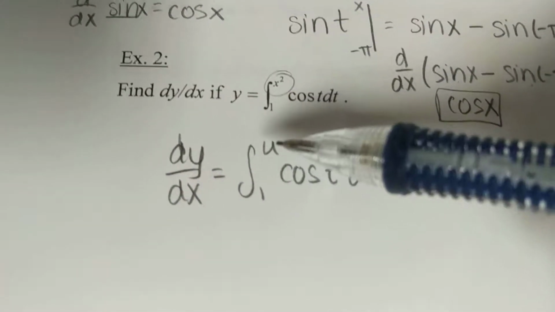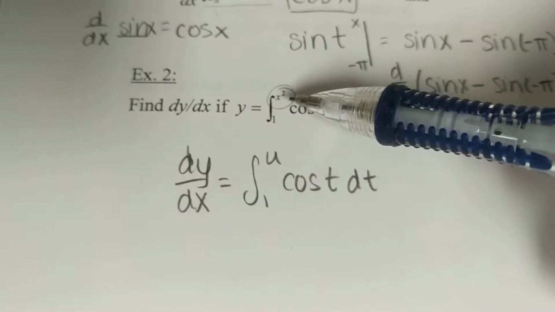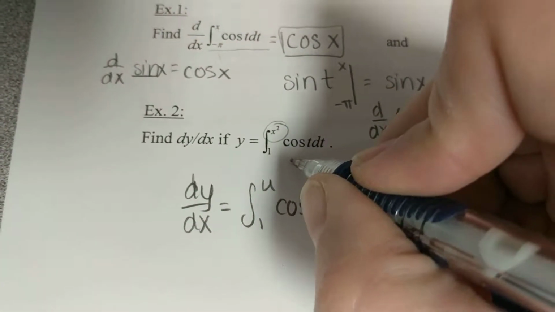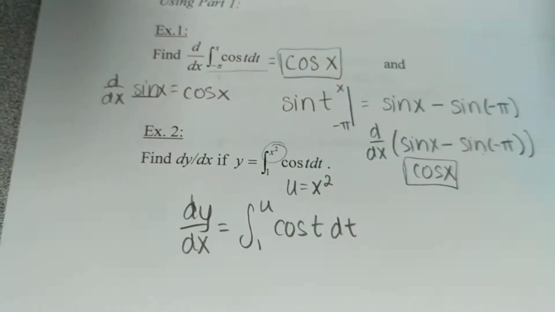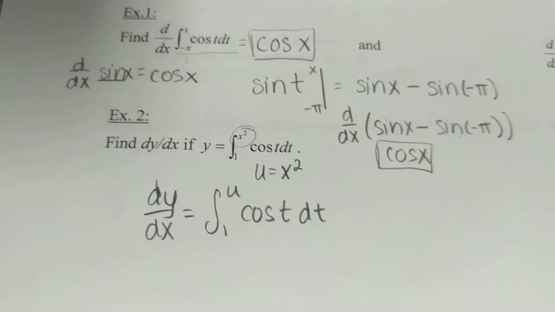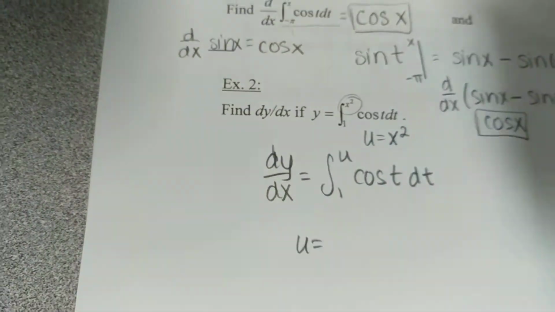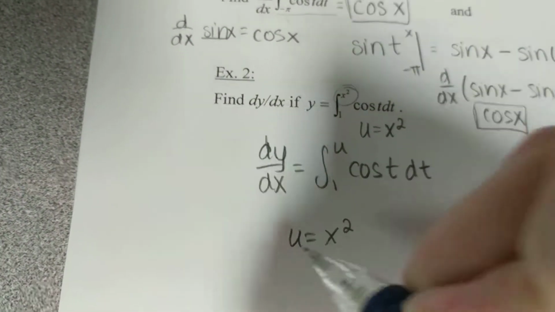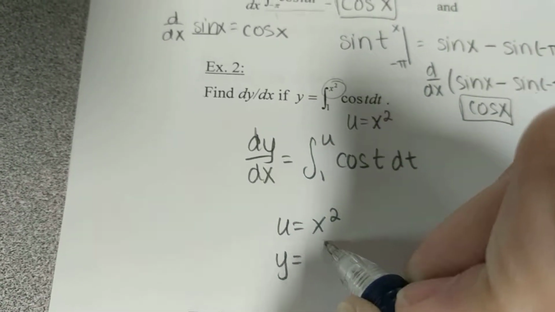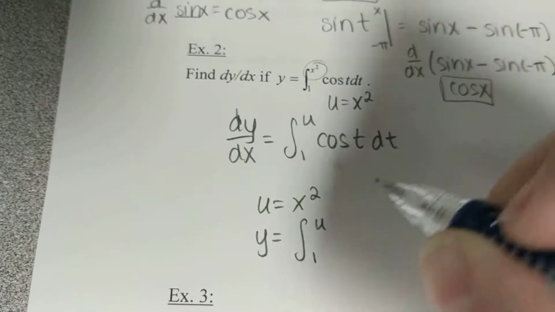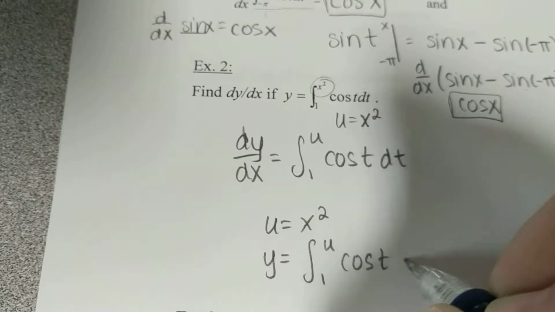Now it's going to work out in my favor, except I have this u here. U was x squared. So if we were to do a chain rule problem here, we would say the inside function was x squared, and the outside function was the integral from 1 to u of cosine of t dt.